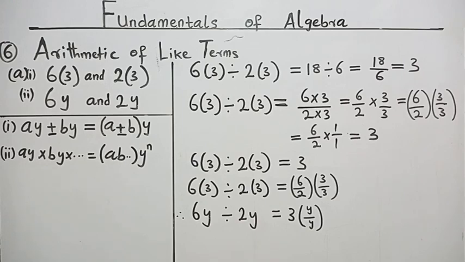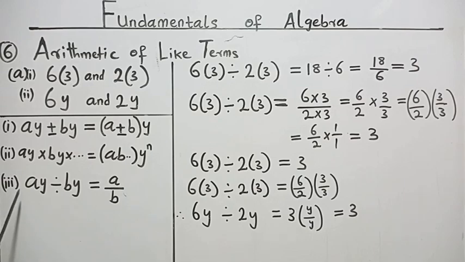Based on this, I want to write a law of dividing like terms. Please permit me to use this space here to do that. Now see it. It says AY divided by this BY is equal to A over B. Are you surprised?